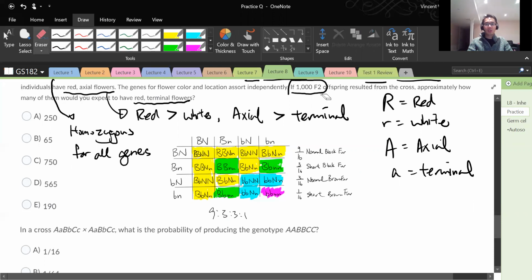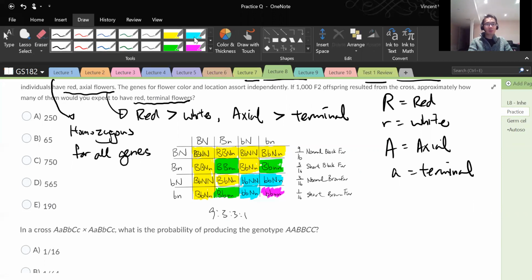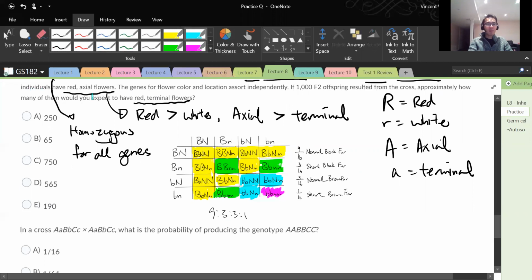So over here, the question asks, there are 1,000 offspring. Approximately how many of them would you expect to have red and terminal flower? So red is a dominant trait and terminal is a recessive trait, right? Therefore, which ratio am I looking for? Remember, 9 out of 16 is dominant. 3 out of 16 is 1 dominant plus 1 recessive, and 1 out of 16 is recessive.